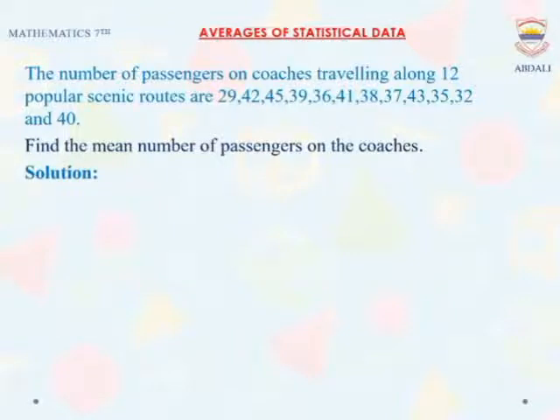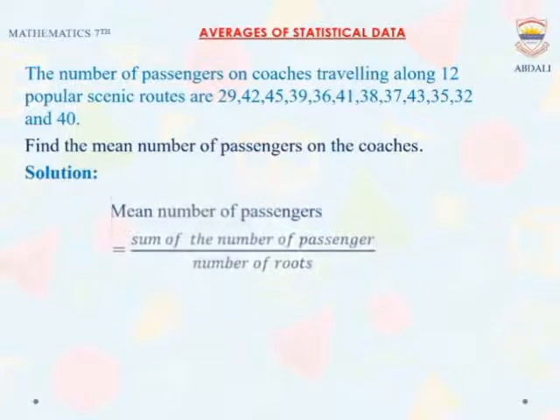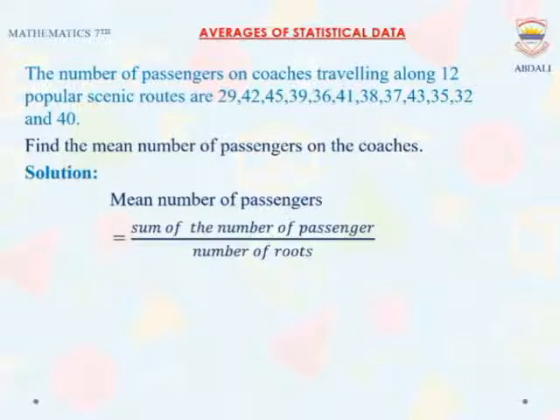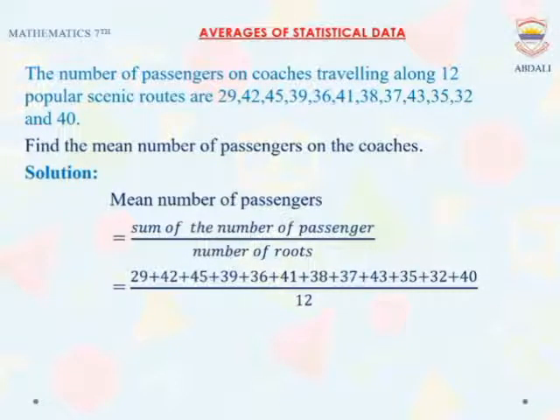Now we know how to find mean. We will write the mean formula for our problem, since we have to find the mean number of passengers. We will divide the sum of the number of passengers by the total number of routes. So what is the sum of passengers?